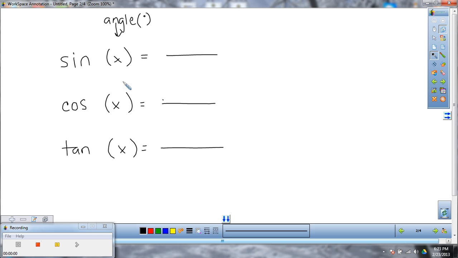So our sine ratio is comparing the opposite side to the hypotenuse. Again, just like x is representing angles, our opposite and our hypotenuse are sides of the triangle.